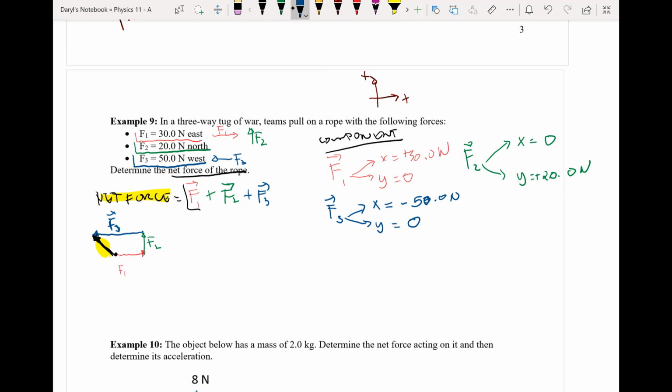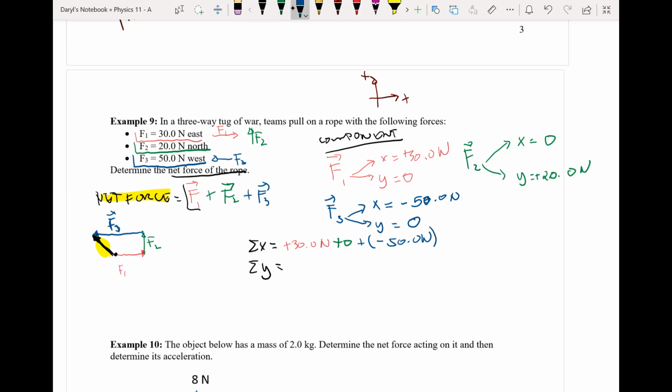Okay. And the next thing that you're gonna do is you take the sum of all x's and the sum of all the y's. So if you can see here, for the x's you have positive 30, then plus 0, then plus the negative of 50.0 newtons.